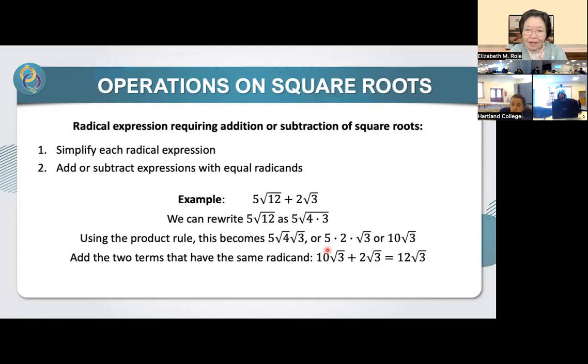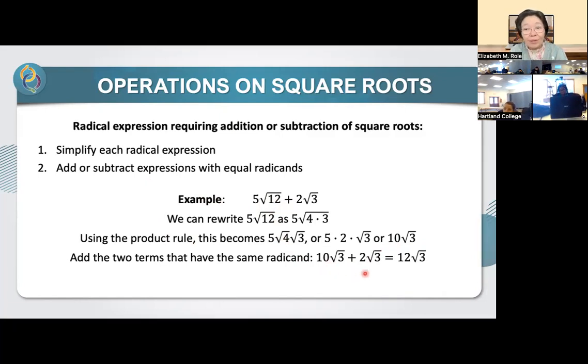So that will now be 5 times 2, which is 10 square root of 3. And so the final expression becomes, instead of 5 square root of 12, 10 square root of 3.